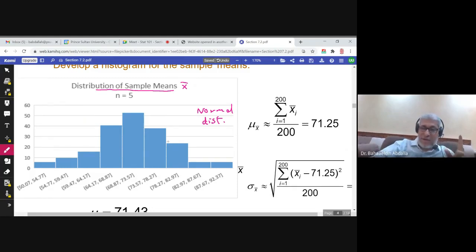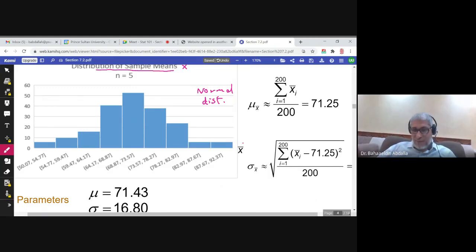Now, look here. These are the values of X bar. So X bar here is from 50 to 54. X bar here is from 54 to 59. So this is the distribution of X bar.